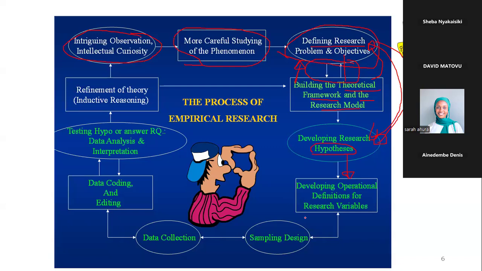Okay. So we have seen how we develop our operational definitions for variables. We know what the variables are, and then defining them. And I think that article gave you an example of the definition of each variable. Then you come to sampling. Sampling is a little bit complex.